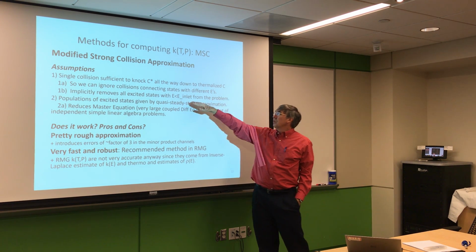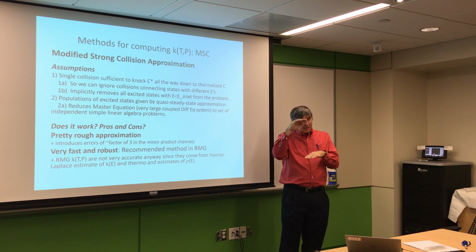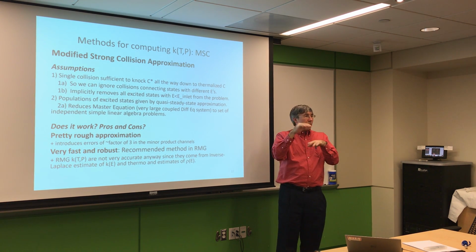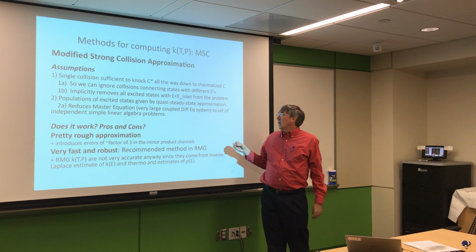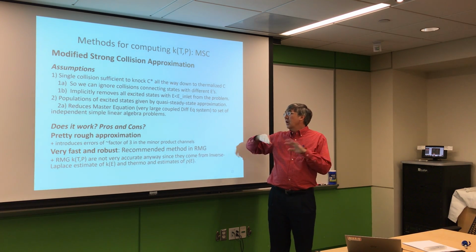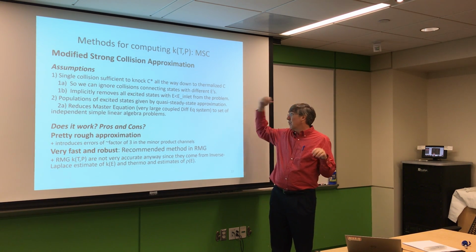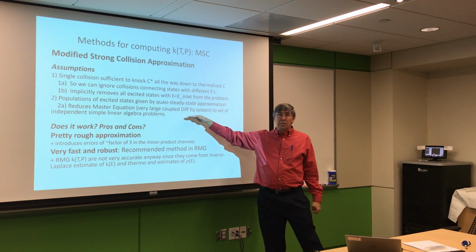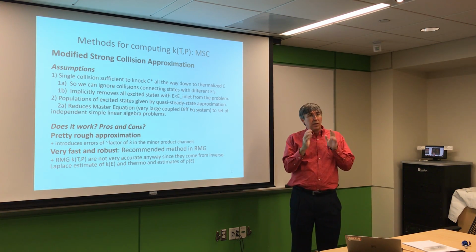It also removes all of the excited states that can't react, that are below the barriers, so that makes it really simple too. And so this takes that master equation, which is a gigantic system of thousands of differential equations, to just a couple independent small linear algebra problems.